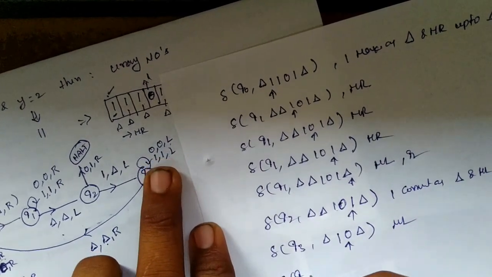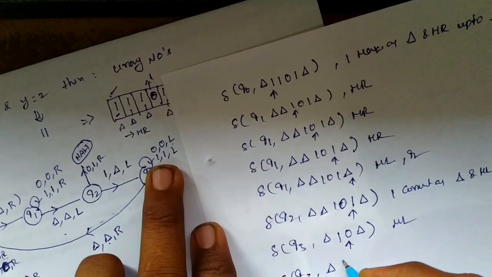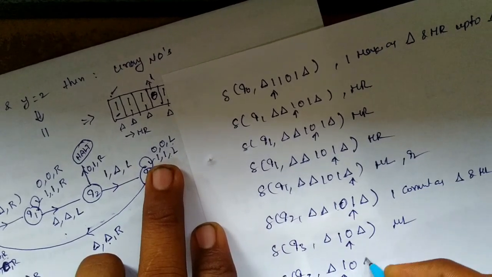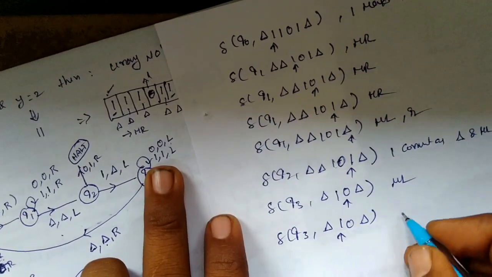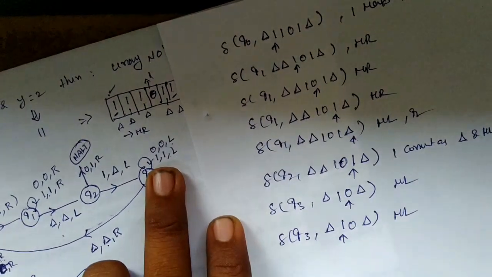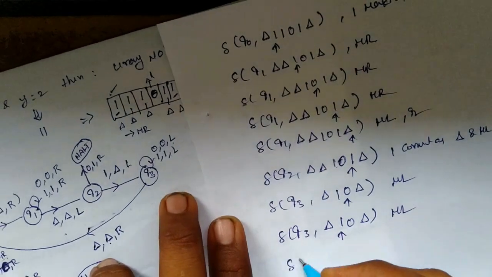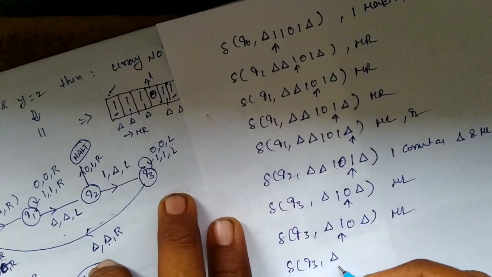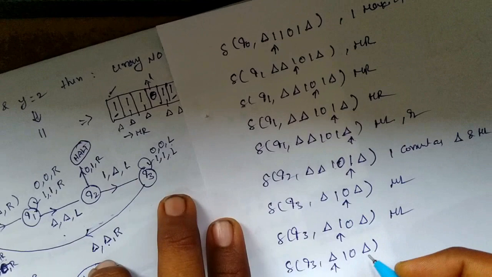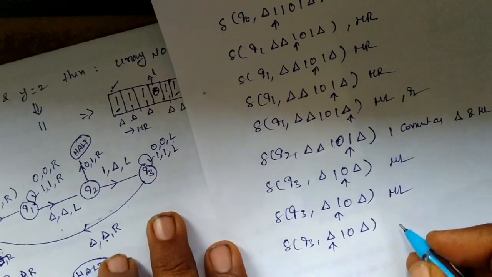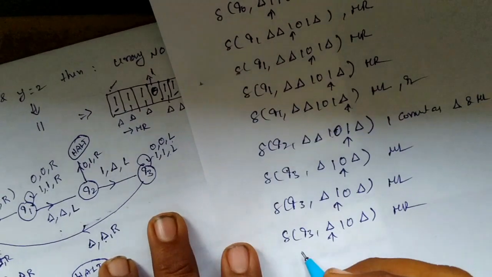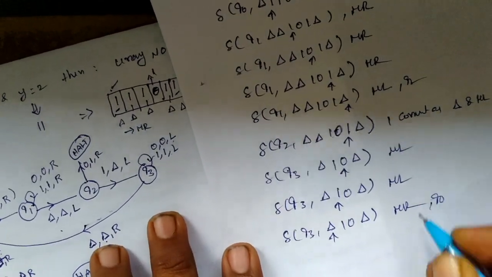Del of Q3, comma, del 1 0 del. The state is Q3, the input is 1, so no change and move left. Del of Q3, comma, del 1 0 del. Now the input is del, the current state is Q3, so move right and go to Q0.